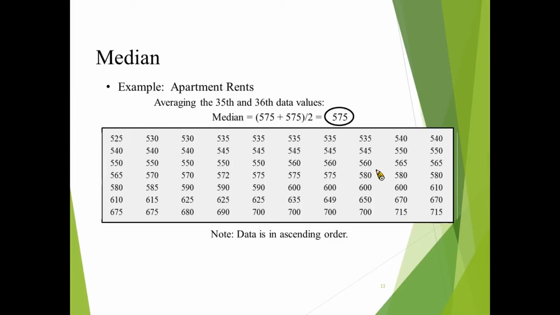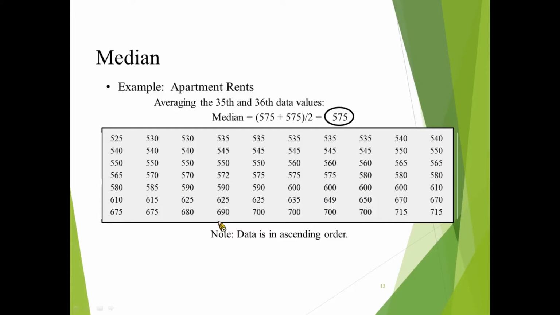For the apartment rent, the median is $575. We need to have ascending order, as you can see here.